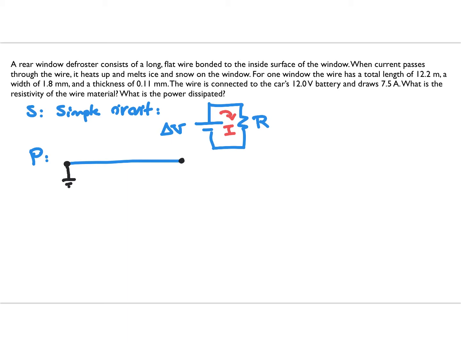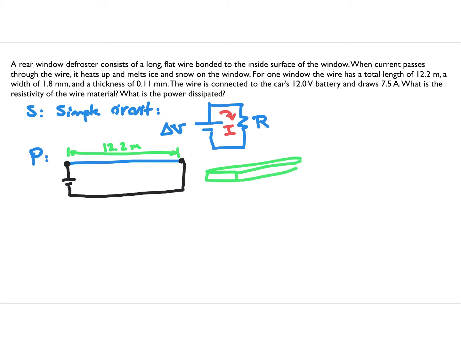I've connected it to a power supply between the two ends. This blue wire is the thing I'm interested in, and it's got a length of 12.2 meters. The cross section of the wire looks like this. It's a flat wire, like so.